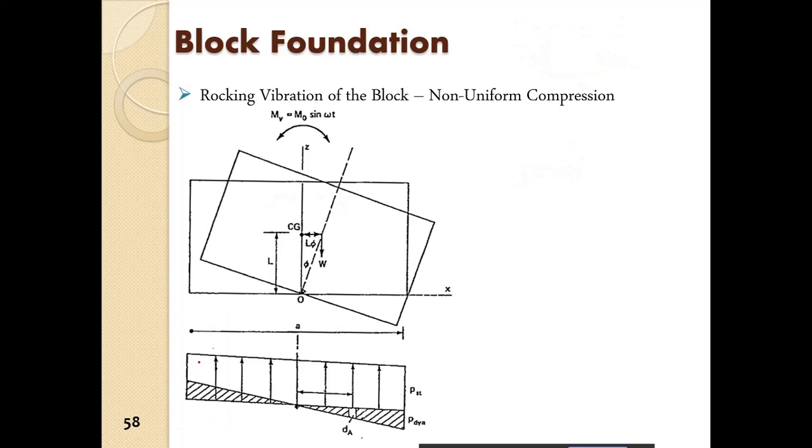First of all, since it is non-uniform compression, you can see that the compression is not uniform, so we cannot say, as we said, Kz is equal to Cu into A. In this case we cannot consider the force equilibrium, so the force equilibrium is not coming into play.